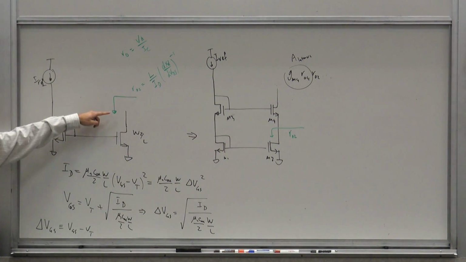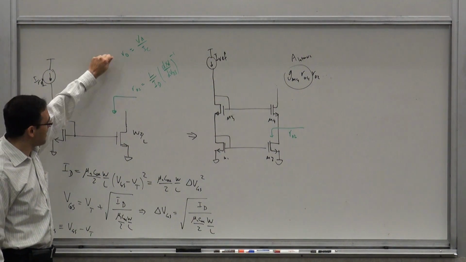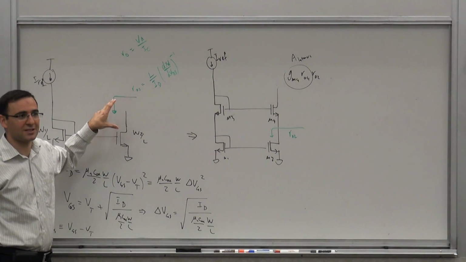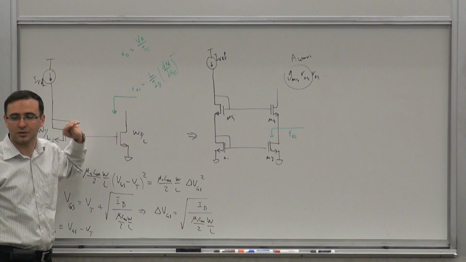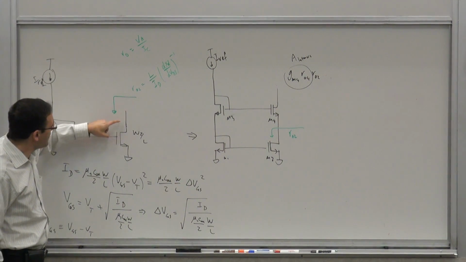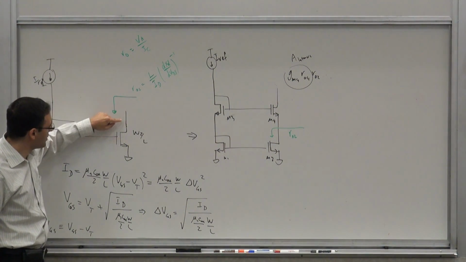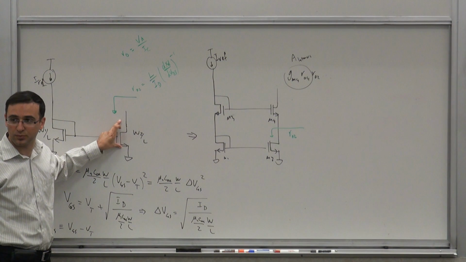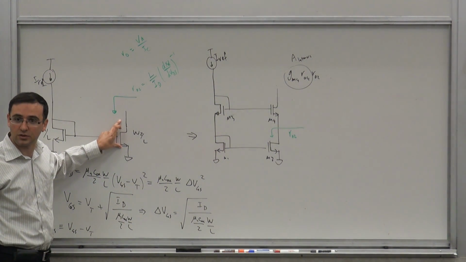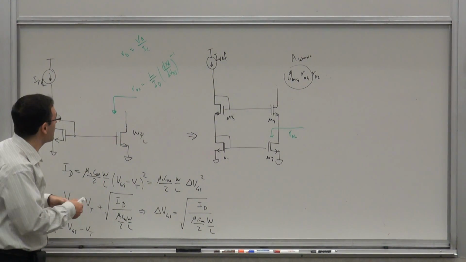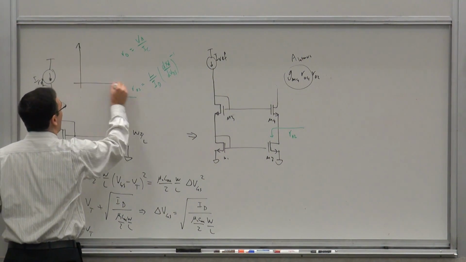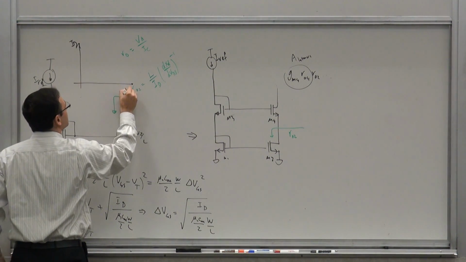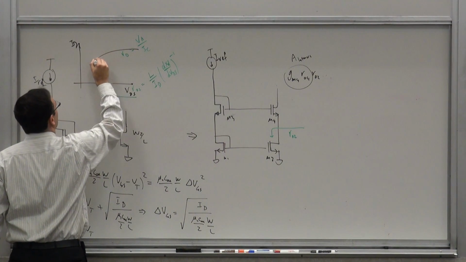Because if you think about it, this voltage can go high, as long as you don't exceed the breakdown voltages of things of that sort. But when it goes low, below a certain point for a given VGS, this transistor leaves the pinch-off region and goes into the triode region. And once it goes into the triode region, the resistance decreases, because if you think about the IV versus VDS of the transistor, it kind of looks like that.